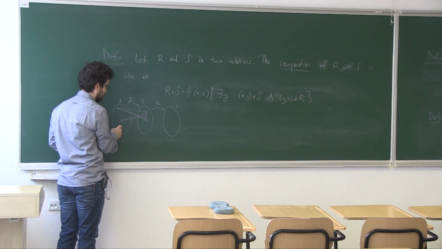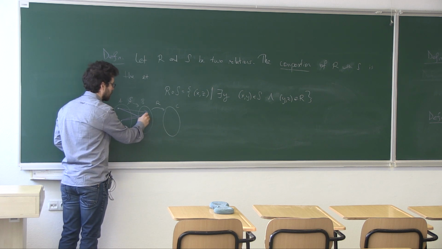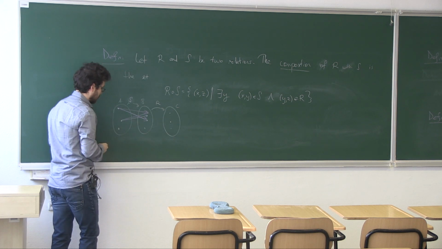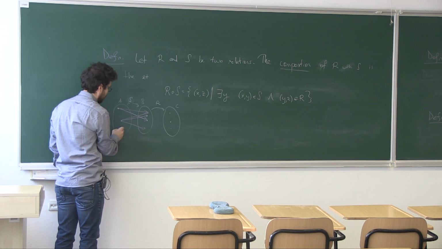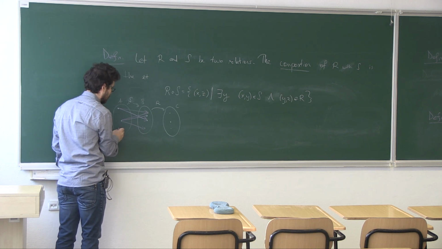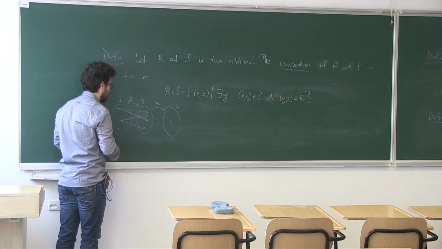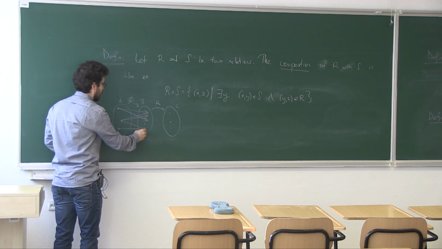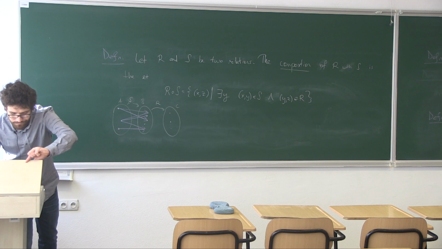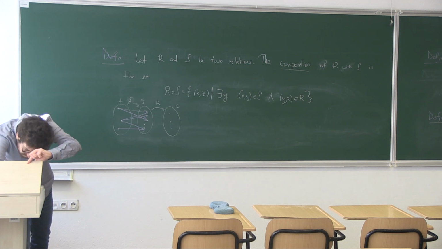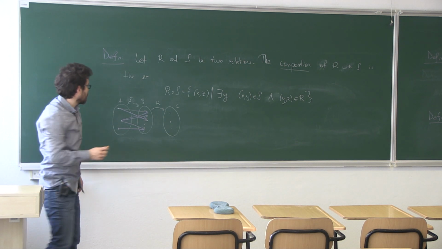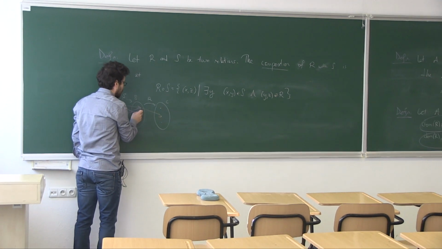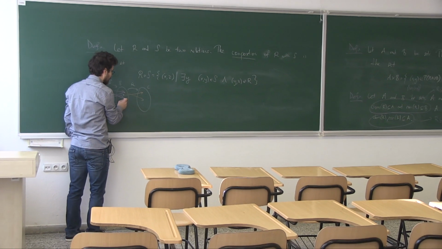Let me put some elements over here. And this is not related to anything, or yeah. Let's do that. And let's relate the elements of this set to elements in this set.